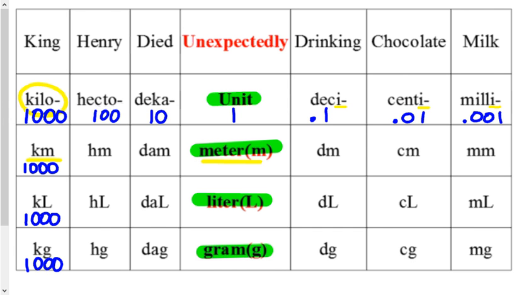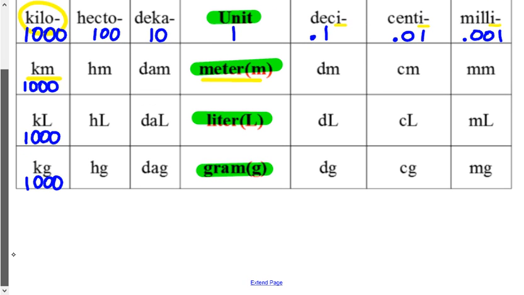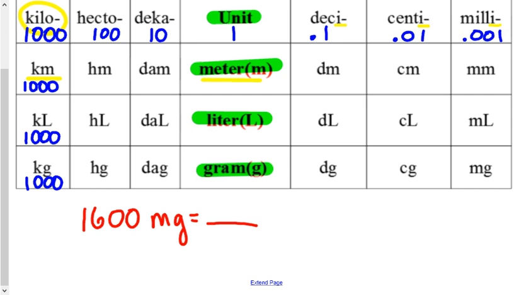Our first example is 1,600 milligrams equals how many grams? Let's write that in something we can see a little better. 1,600 milligrams equals how many grams?